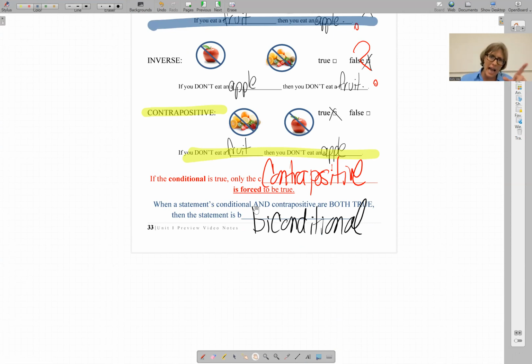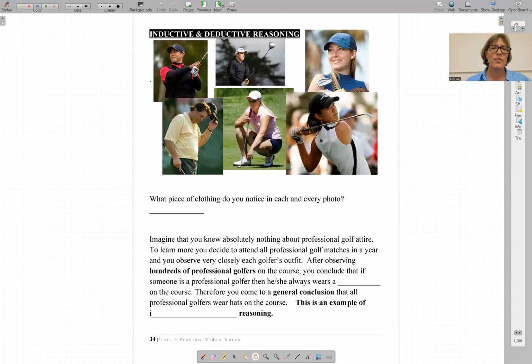If an angle is 90, then it's a right angle. Converse. If an angle is a right angle, then it's 90. In that case, they're both true. That would be a biconditional statement. So manipulations of conditional statements, you need to be familiar.